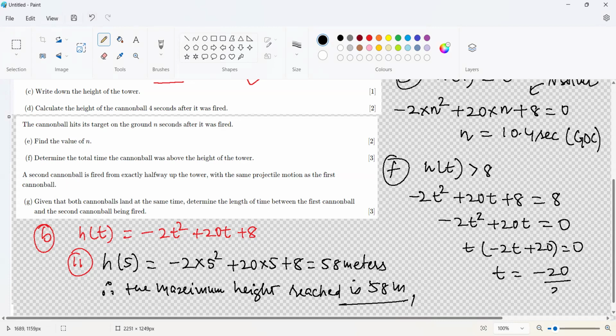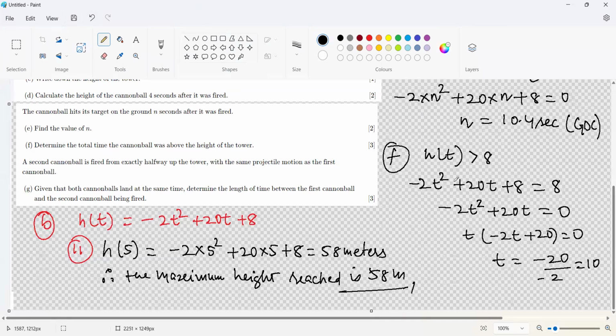Negative 20 by negative 2, which is 10. t is equal to 10 seconds. So for 10 seconds, the cannonball was above the tower. Okay, are you getting this? Yeah.